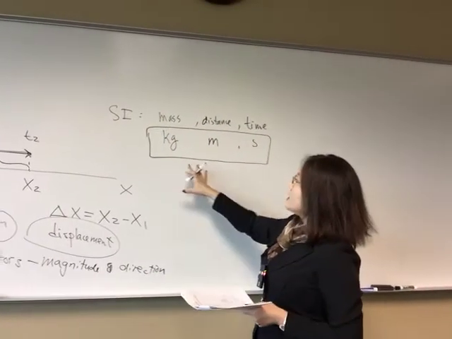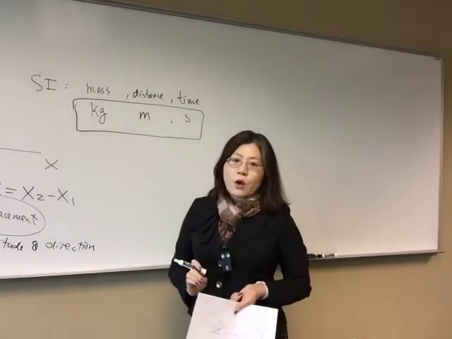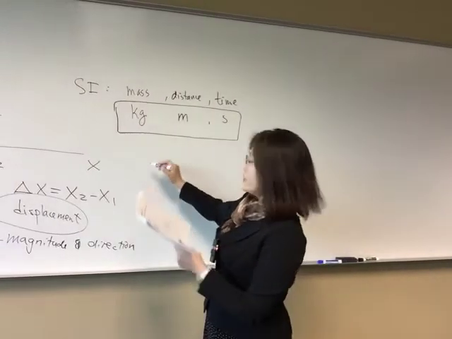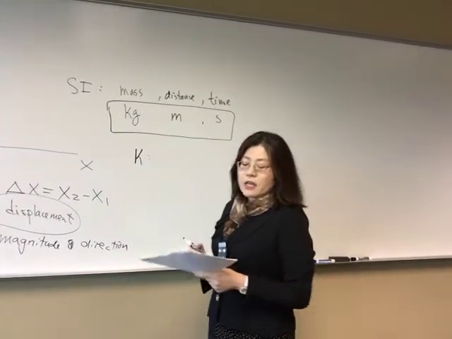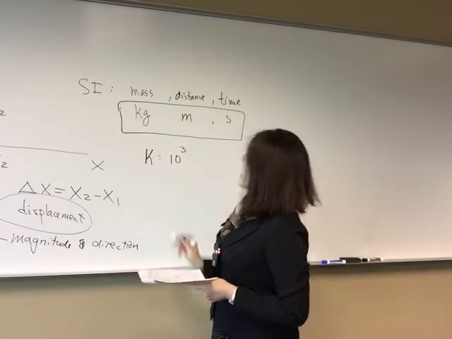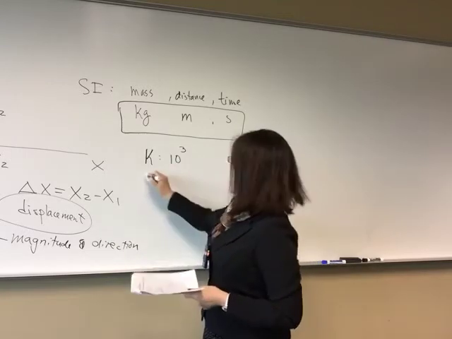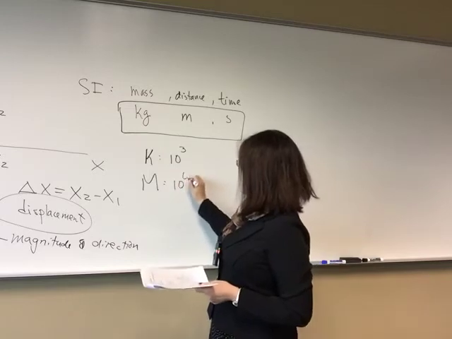Sometimes the units are not given in SI units, and then you need to know how to convert them. There are letters that indicate the factors. K is a multiplication of 1,000. Capital M gives you 10 to the 6.